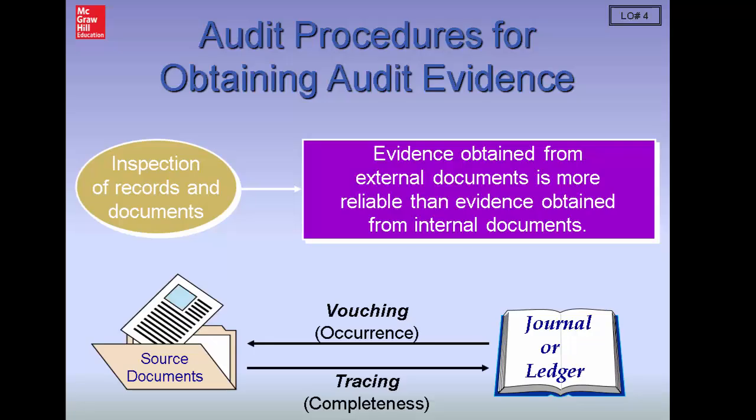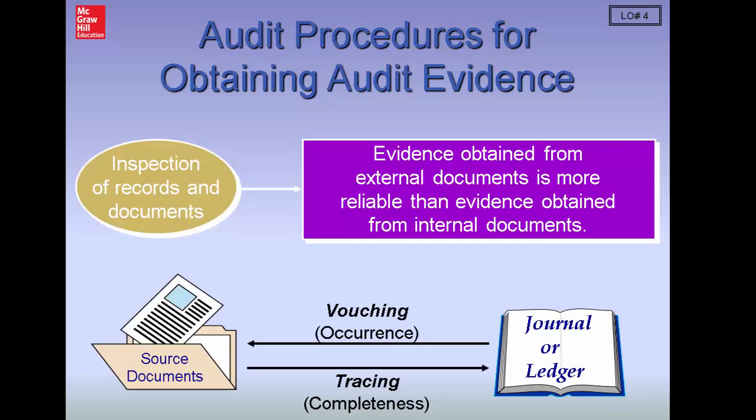So you notice that on the one side, we have the journal or the ledger. We have the recording by management of these transactions or elements within the account balance. And on the other side, we have the source documents, documentation that actually justifies that the item exists or that the transaction was actually completed.